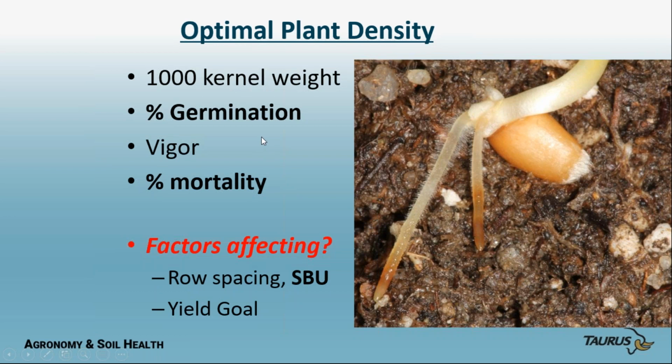Percent germination, my comment on that is I think most folks on wheat are estimating too low, thinking 5%, 6%. I think it's higher. And what I would advise farmers and coaches or agronomists to do is actually go and do counts. If you're seeding at 1,000 kernel weights, you know how many plants you should have.